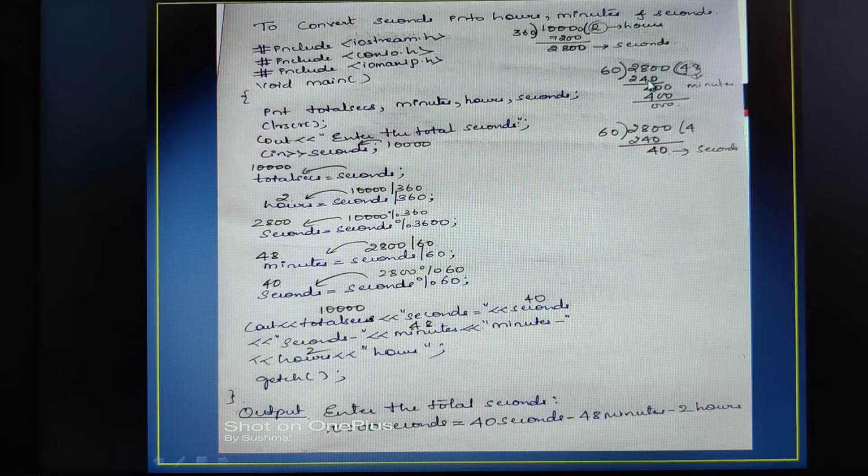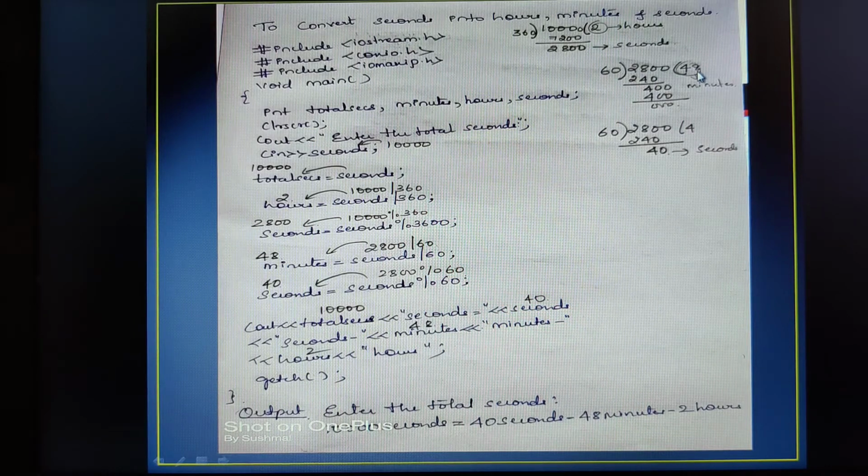Out of 280, 240 means I got the remaining 40 as the remainder.